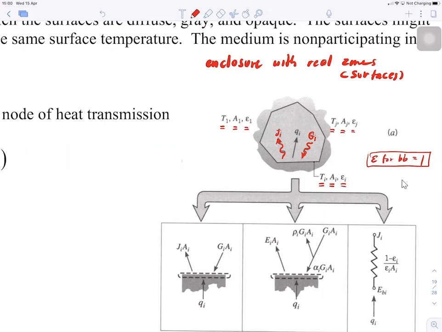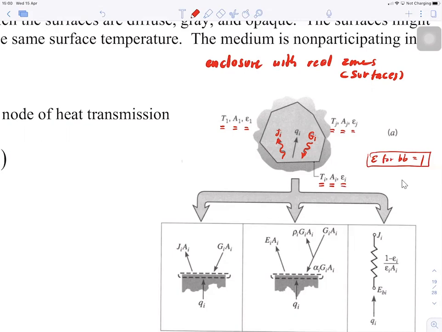G is the radiation from everything else arriving at the surface. And we don't know which one is going to be larger, Ji or Gi. Sometimes Ji is going to be larger than the portion of Gi arriving to surface I. Sometimes on the opposite, Gi is greater than Ji.